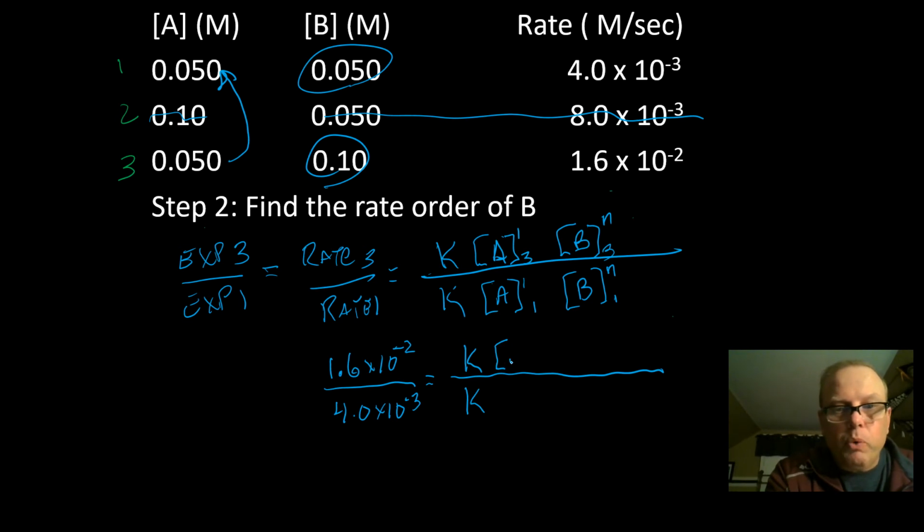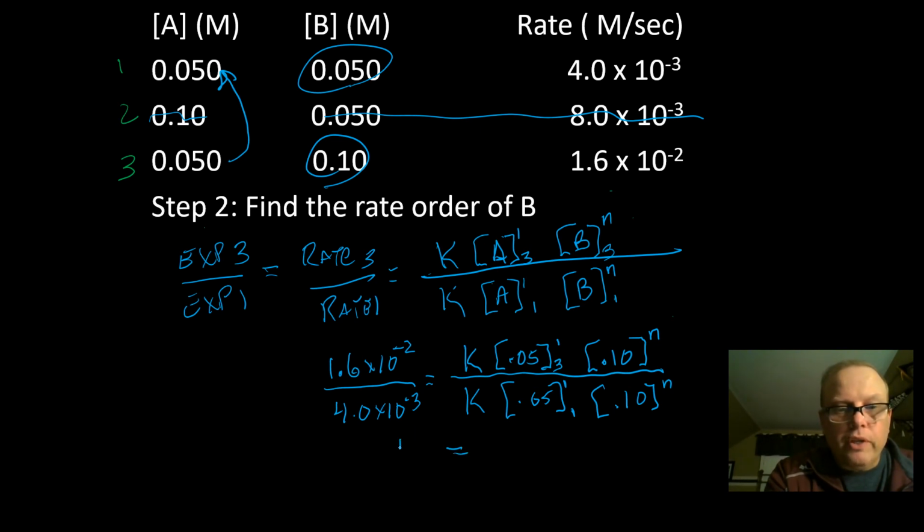Now we have 0.05, which is our concentration of A from the third experiment, and that is to the first power, over 0.05, which is our concentration of A in the first experiment. Here we have now 0.10, which is n, over 0.10, which is to the factor of n. And we'll do our math.